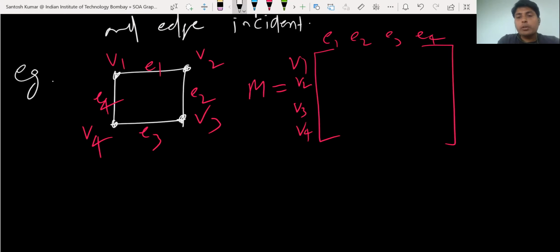Now what we have to do is, in each entry we see how many times V1 is incident with E1. Since I have taken a simple graph, V1 is incident with E1 just 1 time. So here it will be 1.